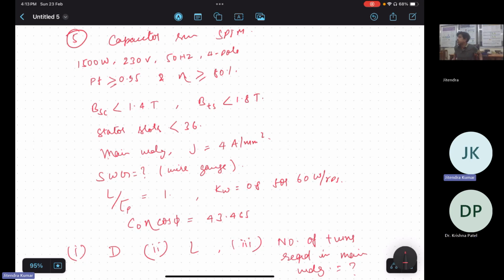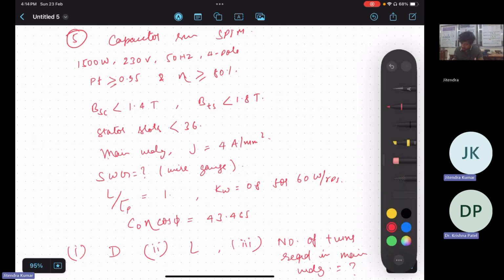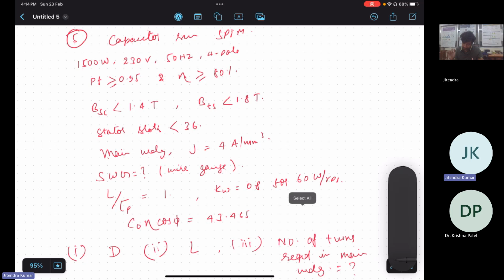Okay, are you able to think of any way to solve this problem? Yes, sir. How to move ahead with D square L calculation? D square L value you can just move ahead with because we are given all the parameters. So D and L, I don't think any issue should be there, right?